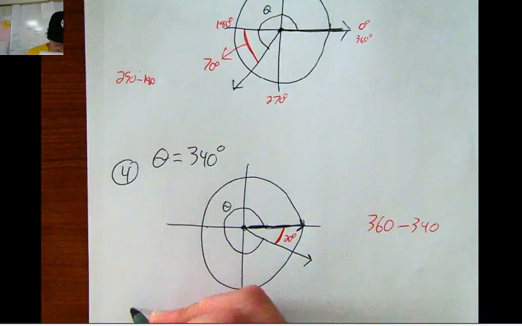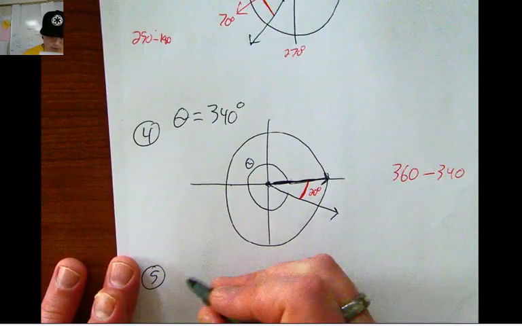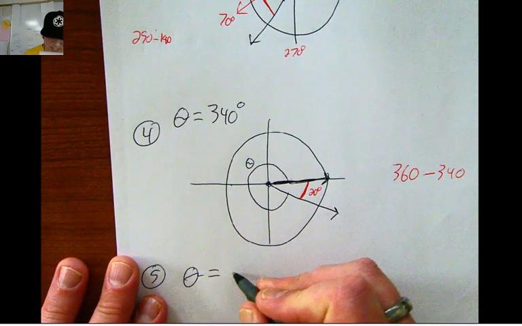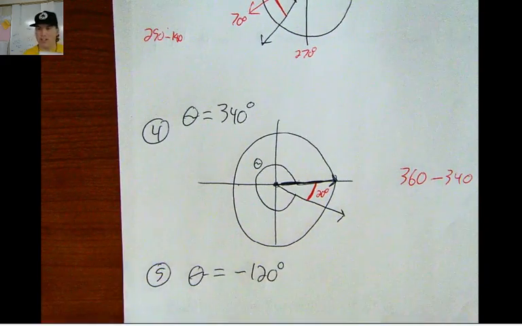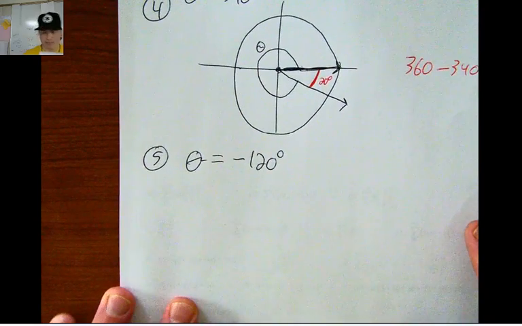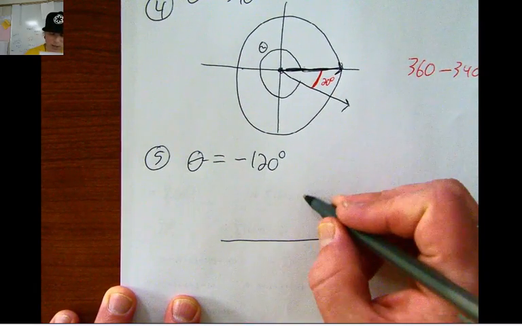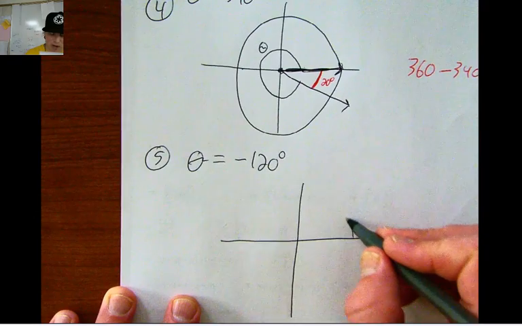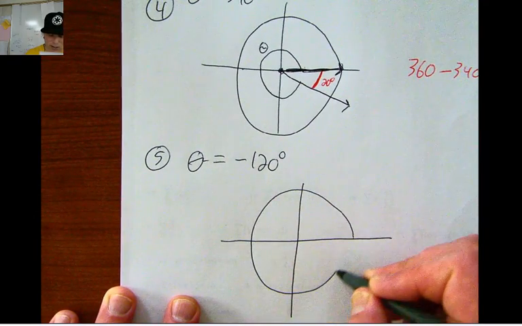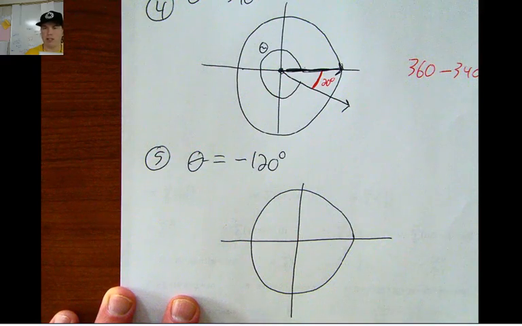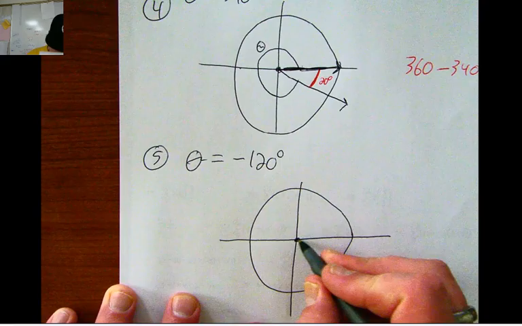Okay, number 5. What if they try to do something creepy like this? Negative 120 degrees. Negative? Well, remember that last problem where I said to always travel counterclockwise? Well, when you're going negative, you then travel clockwise.